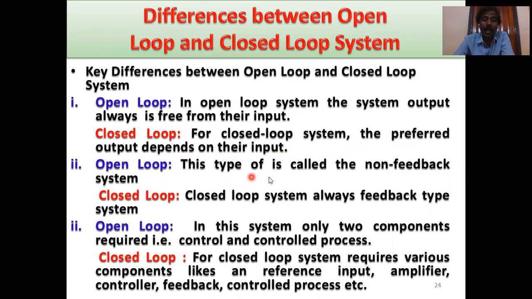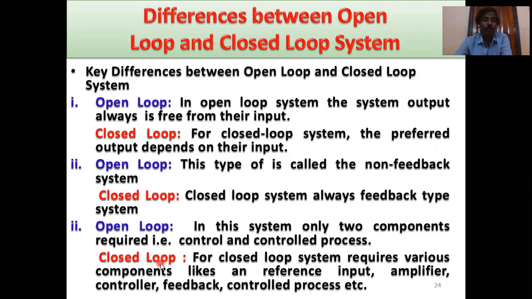Second point: open loop systems are also called non-feedback systems, and closed loop systems are always feedback type systems. Third point: in open loop systems, only two components are required, the controller and the control process.